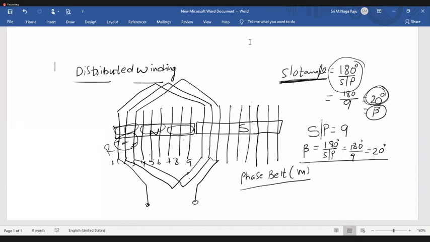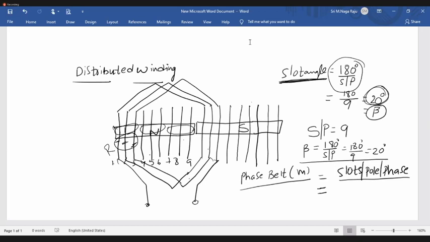Okay, M equal to, we have a formula, slots per pole per phase. I am writing here. See, slots per pole per phase. So in this manner, see here in this diagram, what is the total number of slots we have? 18 slots.